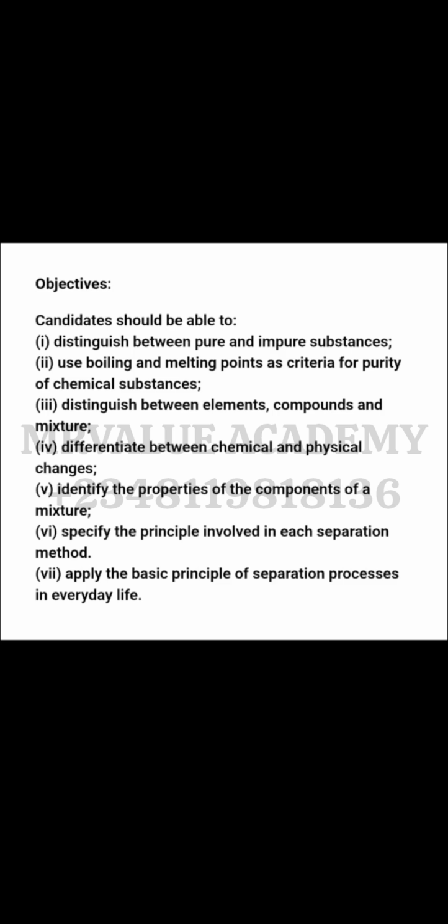Okay, so now let's distinguish between elements, compounds, and mixture. So what are elements? The simple and direct answer to that is that an element is a substance which cannot be split by an ordinary chemical process. So they exist as a separate entity and they cannot be split by an ordinary chemical process. That's an element. And you have about close to 109, or I think it's about 117 discovered elements now.